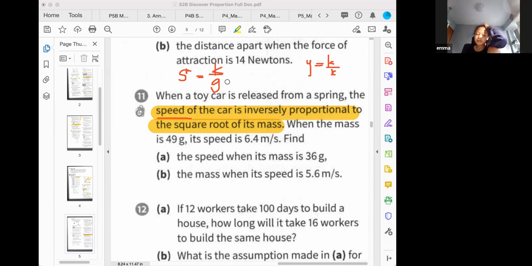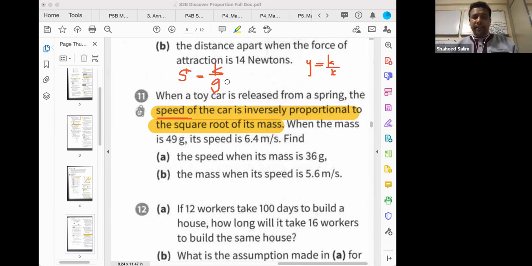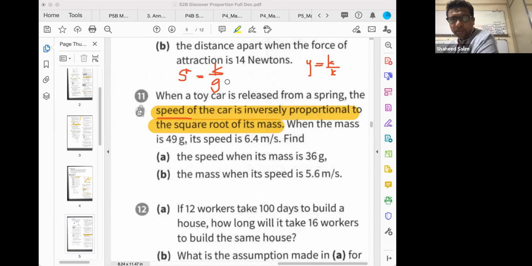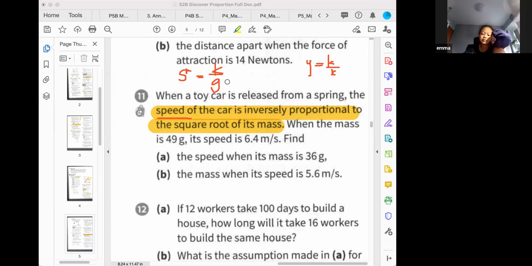A is a decimal. Okay, hold on, let me check. Yeah, it is a decimal. What's your decimal? 307.2. No, it's not. Hold on. Let me try.